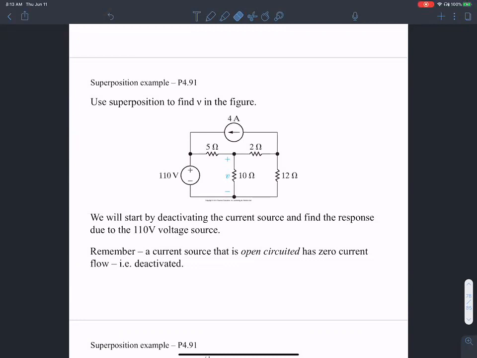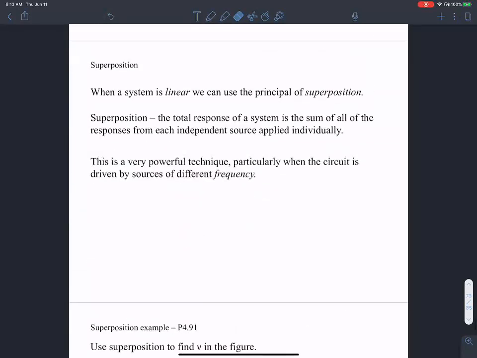The response of the circuit to the voltage source, then the response of the circuit to the current source. Then if my circuit is linear, which in our case, all the circuits that we see in this class are linear, the argument is that we can add the two responses together. The independent response of the circuit to the voltage source and the independent response of the circuit to the current source. When we add them up together, we get the combined effect of both these sources. So that's the idea. We look at that later.